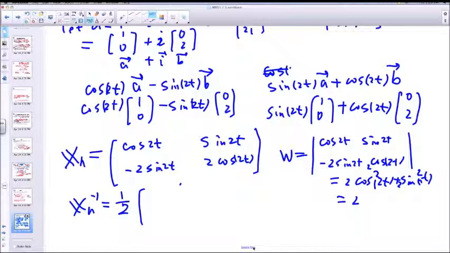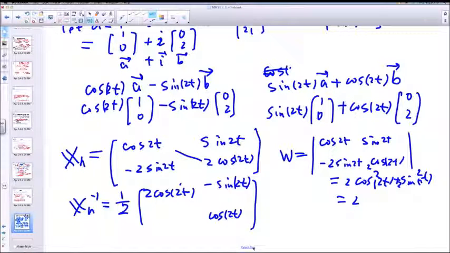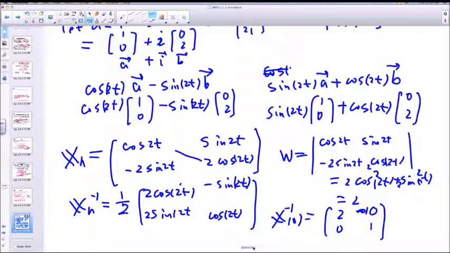I hope you still remember how to do the inverse. I swap this to cosine 2t, cosine 2t, put a negative here, and then 2 sine 2t. That will be my inverse. And then the inverse at 0, I need that too. It's going to be 1, 0, 0, 1/2.